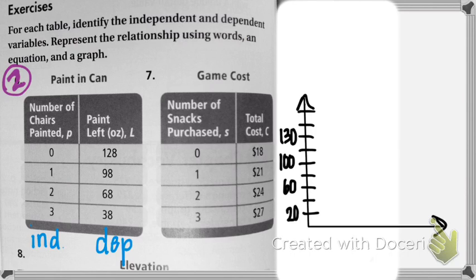There we go. So if I don't use any paint, that's 128 ounces. So 0, which I probably need to count the bottom too, don't I? 1, 2, 3. So 0 chairs is up to 128. It's going to be about there.